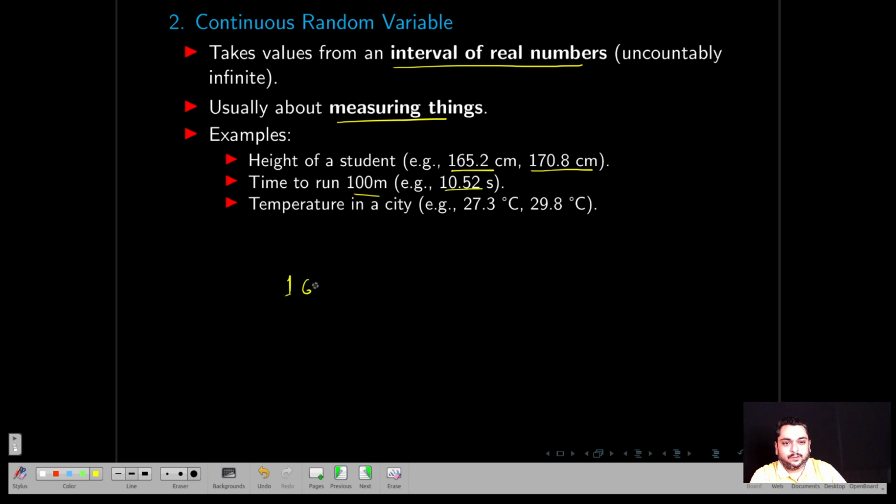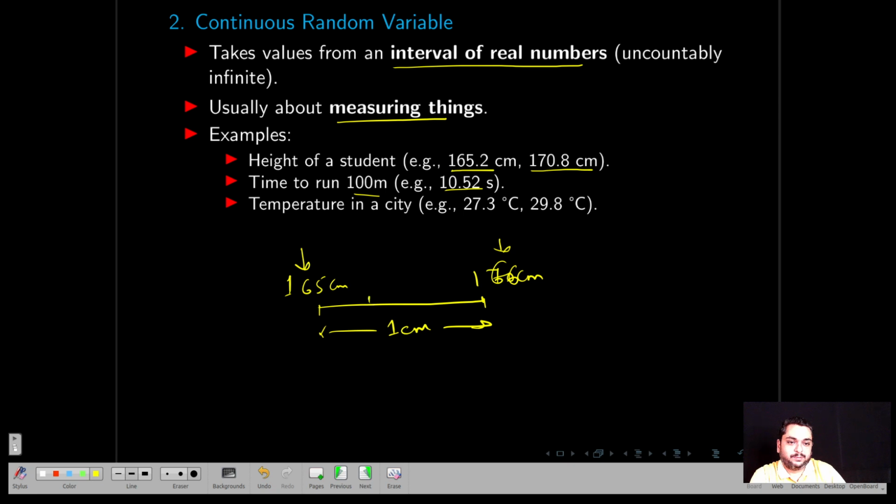See, if I take 165 centimeter and then 170 centimeter, say 165, say 166, let us make it a 1 centimeter difference. This 165 is discrete, 166 if I give it is discrete.